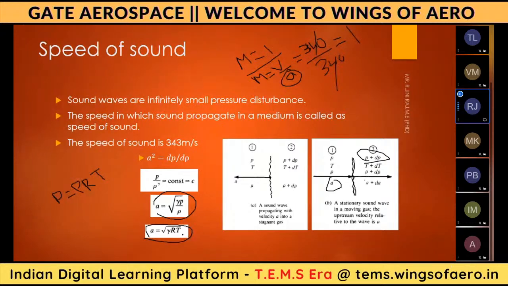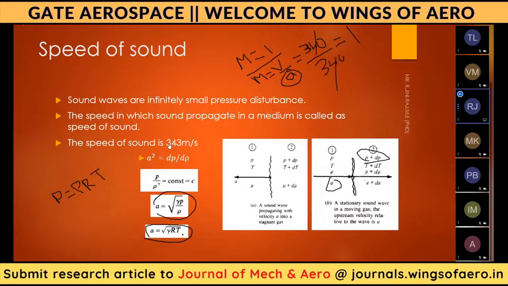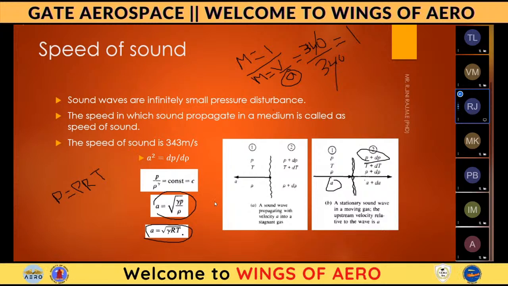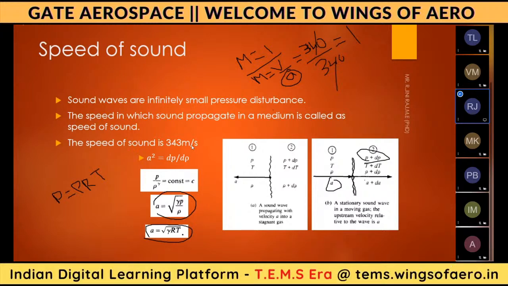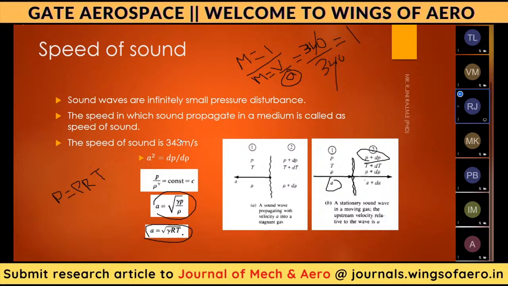Initially, the pressure before it is traveling is P plus dP, the temperature is T plus dT, and this is a stationary wave. The density is rho plus d rho. After that, when it is traveling, after the sound wave, the properties of the wave are pressure P, temperature T, and density rho.